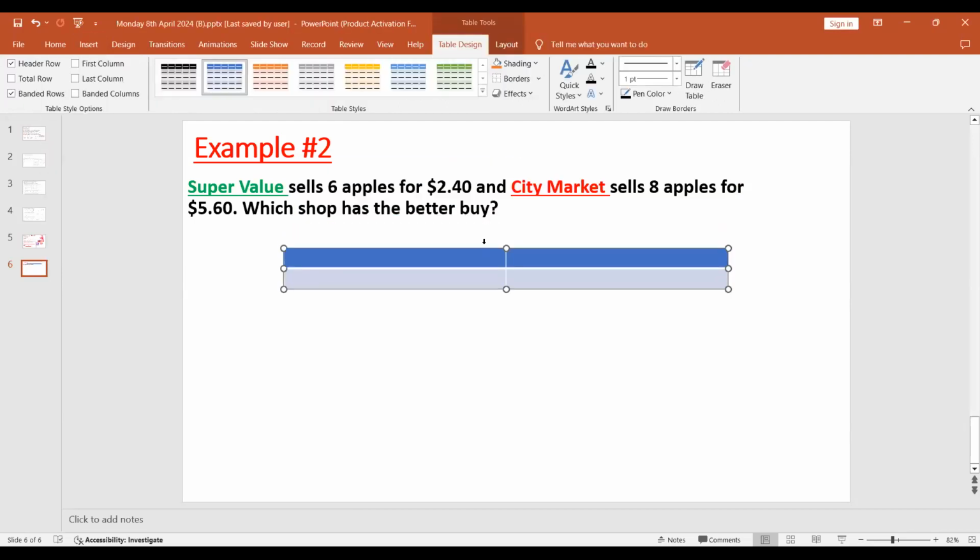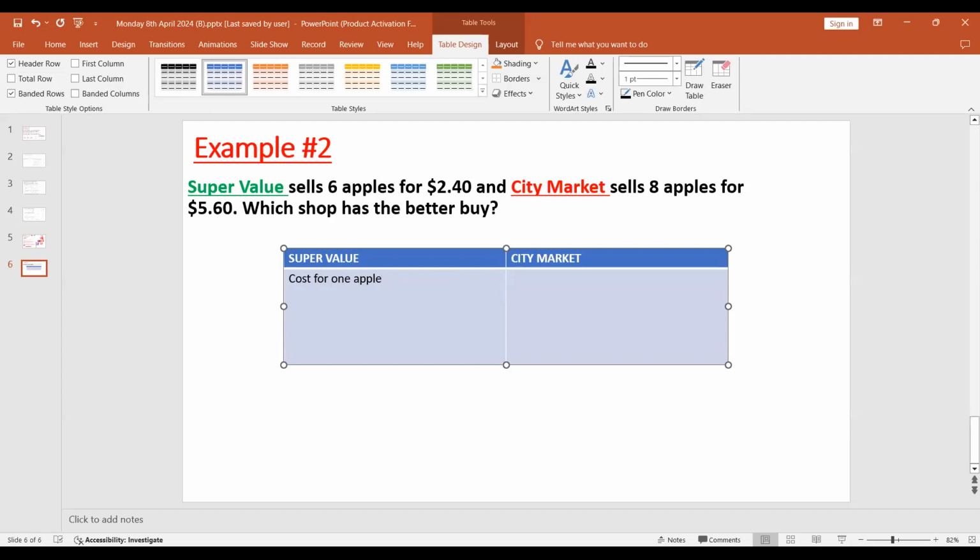So the idea is that we have to compare these two, right? So let's look at Super Value, and then we're going to compare that with City Market. The goal here is we need to find what we call the unit price. What does unit price mean? Unit price means the cost for what? For one apple.